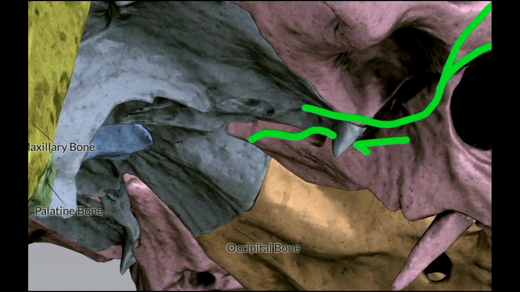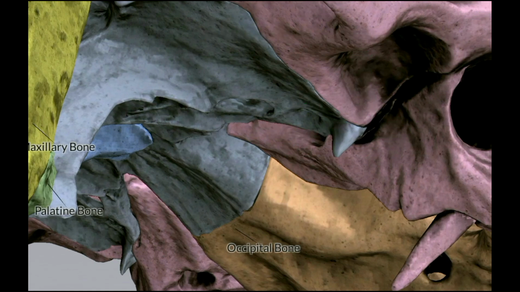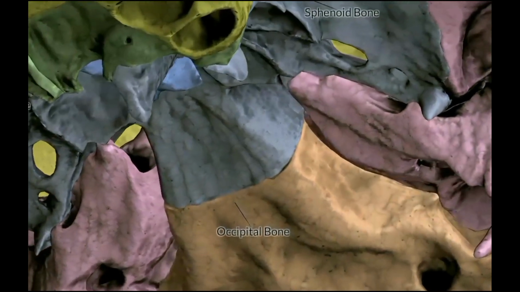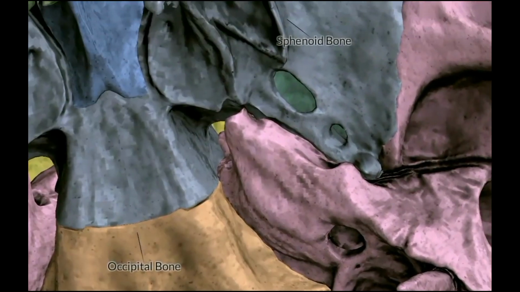So the auriculotemporal nerve is lateral to the spine of sphenoid, and medial to it you will see the chorda tympani. These are the 2 nerves related, and 3 ligaments are related to it. It also gives origin to the tensor tympani, and some fibers of levator veli palatini may take origin from there.